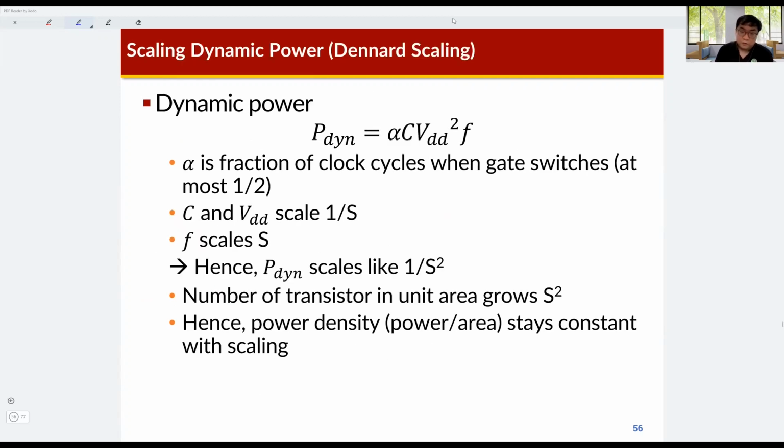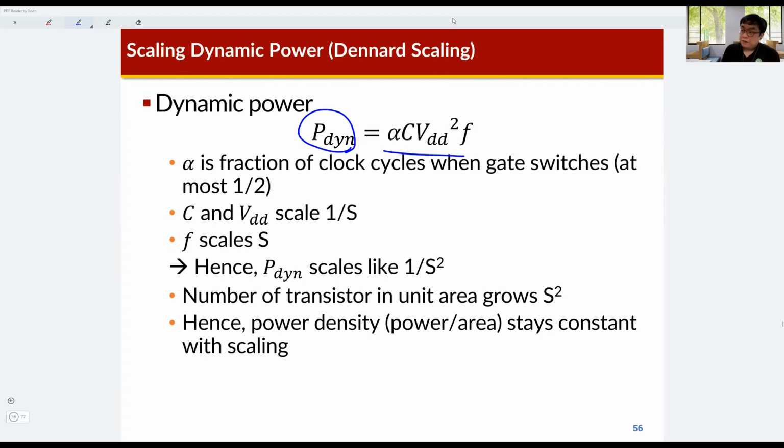So let's focus on here. This equation can be rewritten like this. This is the power consumption of the processor, actually the dynamic power. Dynamic power means the power consumption while the CPU is working.